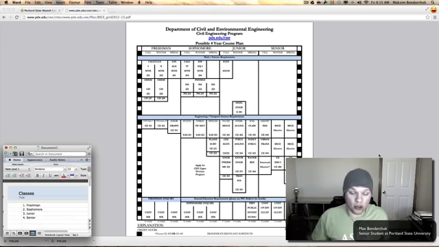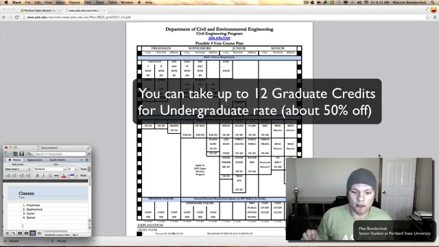And you might say, why are you doing that? And here's the biggest tip when it comes to finances. You can take up to 12 credits of graduate classes for undergraduate rate, meaning that usually graduate rate classes is 5,000 per 12 credits, and undergraduate is 2,500 for 12 credits.